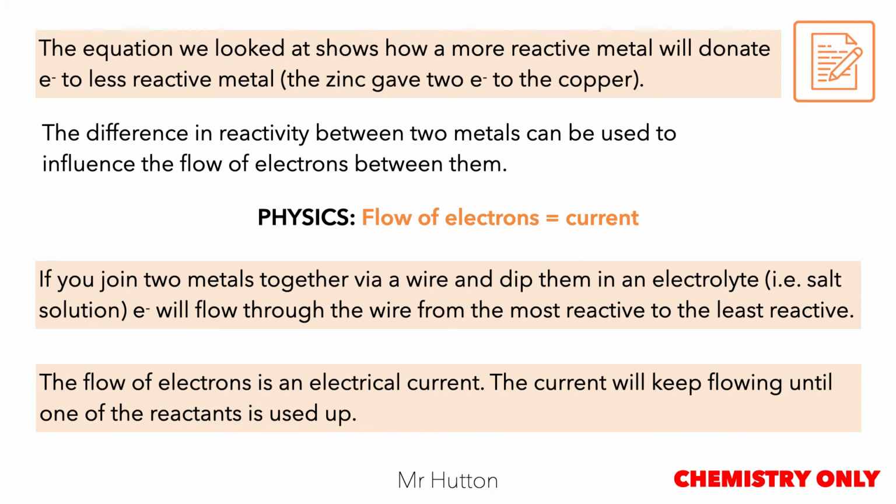And that flow of electrons can be harnessed and used to produce electrical energy. And the current will keep going. It will still have movement of electrons from the most reactive to the least reactive until all the reactants have been used up.